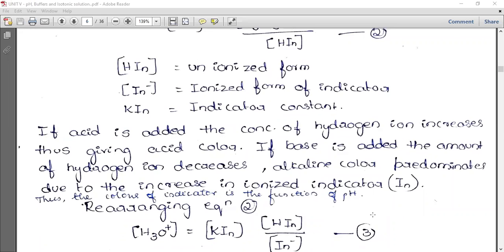So that indicates the end point. That means however many H plus ions were present in HCl have got neutralized by the OH minus ions which you are introducing through NaOH, which is being shown by the indicator, because even that is undergoing ionization. When the ionization of the indicator stops, it gives the end point. Clear?